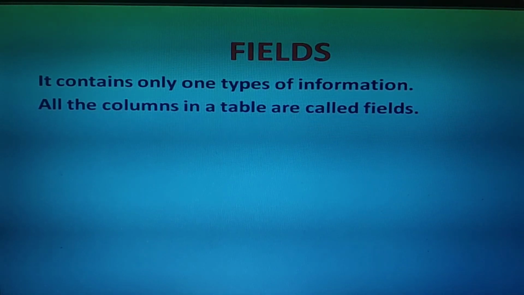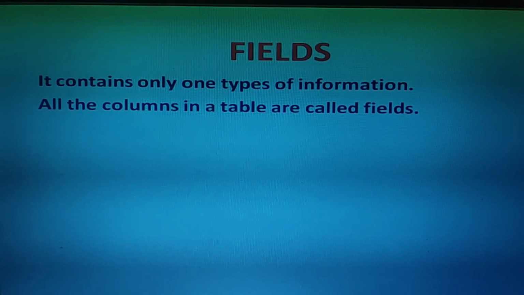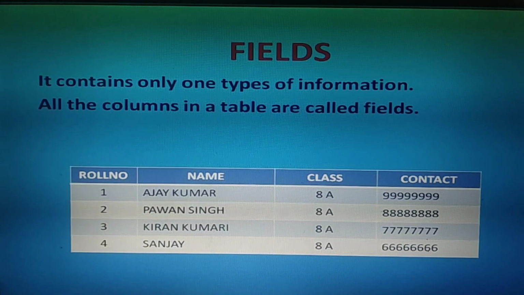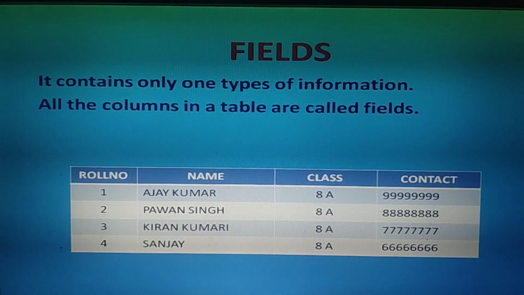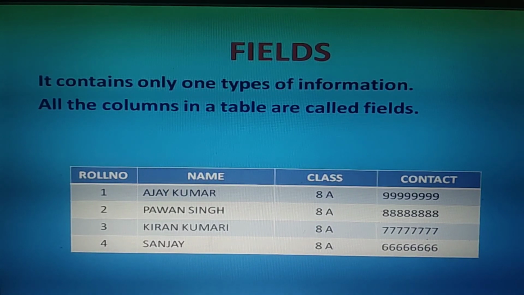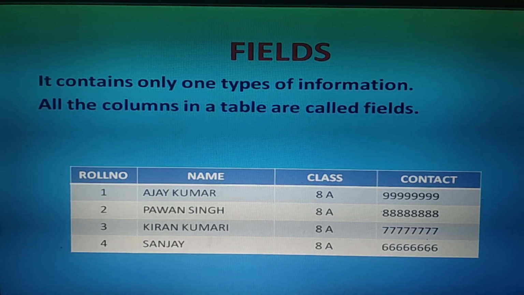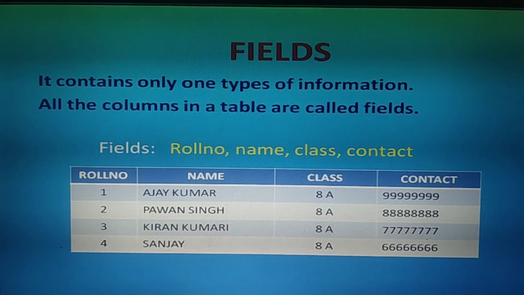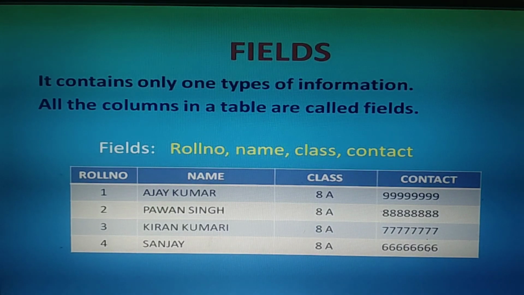Don't forget, it contains only one type of information, and all the columns in a table are called fields. Same as in that table we have taken, there are roll number, name, class, contact. So the fields are roll number, name, class and contact.